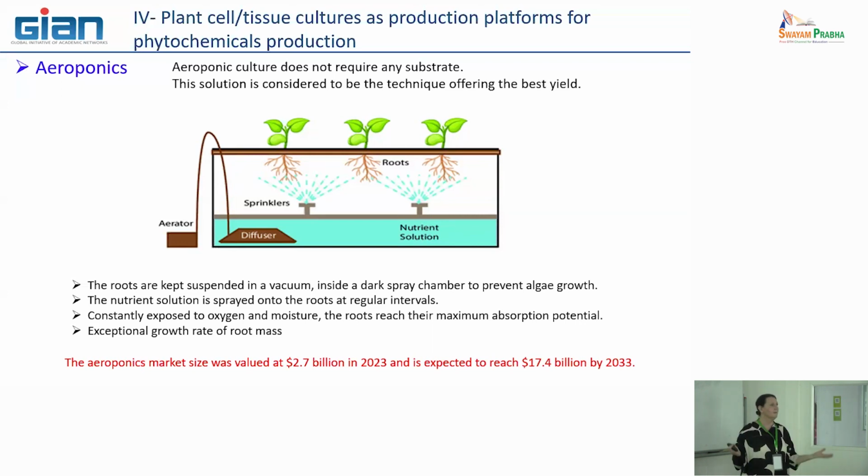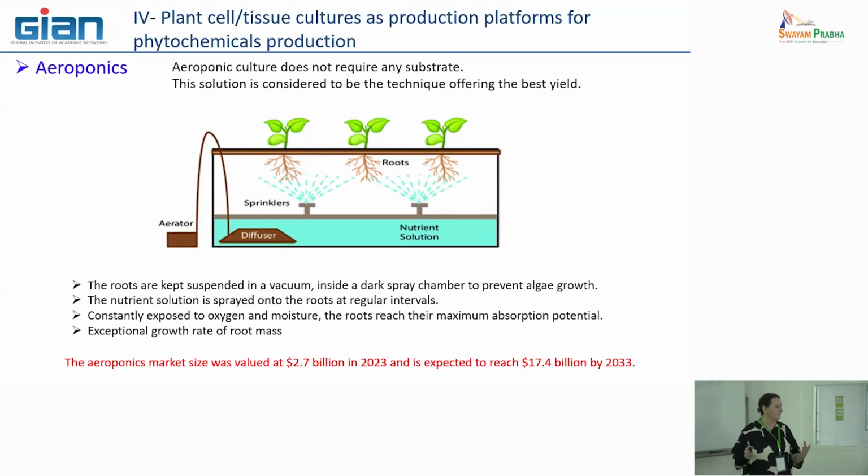They are in the air, in a closed box where the humidity is obviously quite high, it's not so dry, and with a frequency that has been established at one moment, the nutrient solution is spread on the roots. So you may have a big amount of roots.